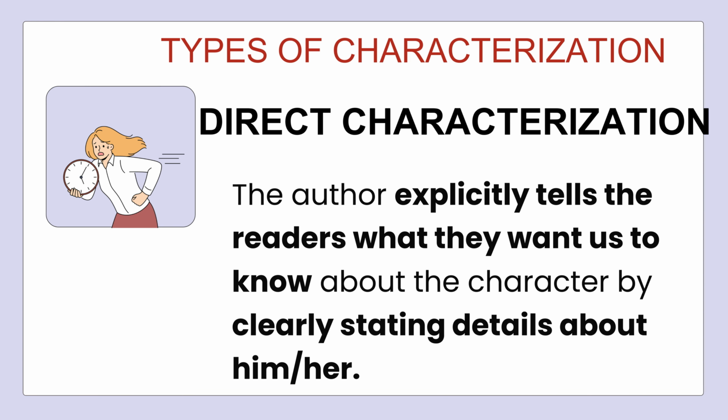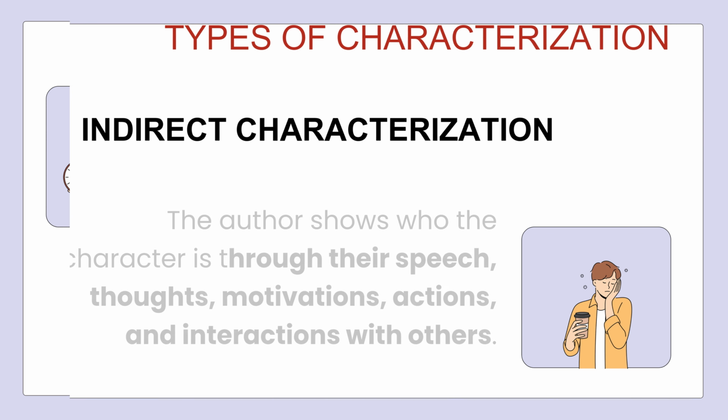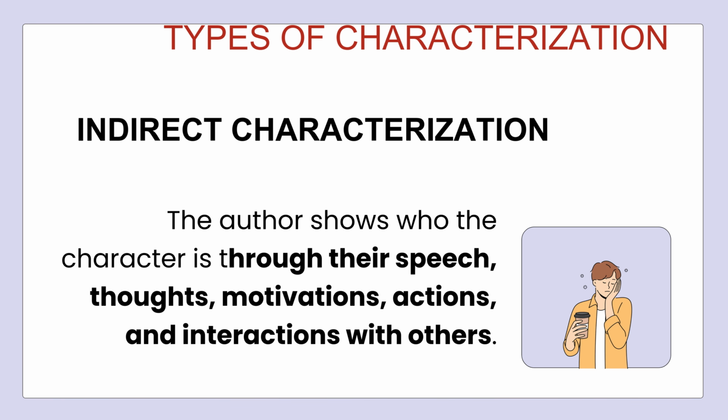For direct characterization, this is where the author explicitly tells the readers what they want us to know about the character by clearly stating details about him or her. On the other hand, indirect characterization is where the author shows who the character is through their speech, thoughts, motivations, actions, and interactions with one another.